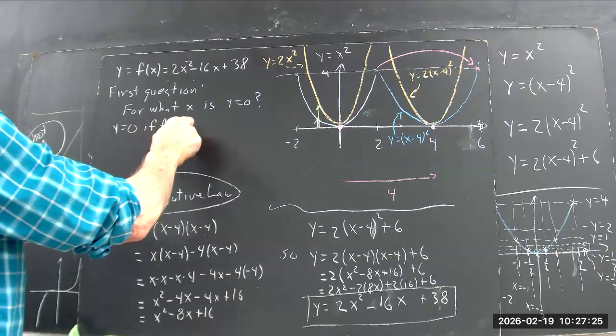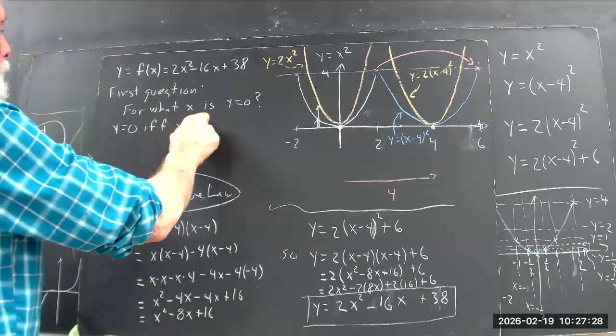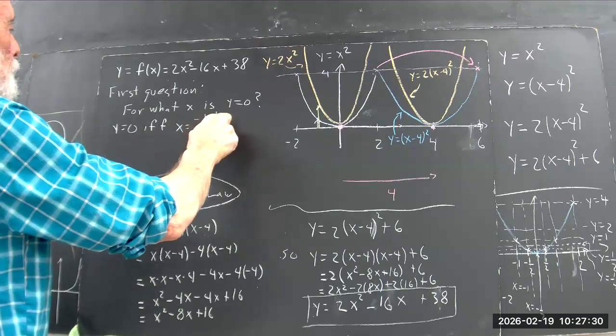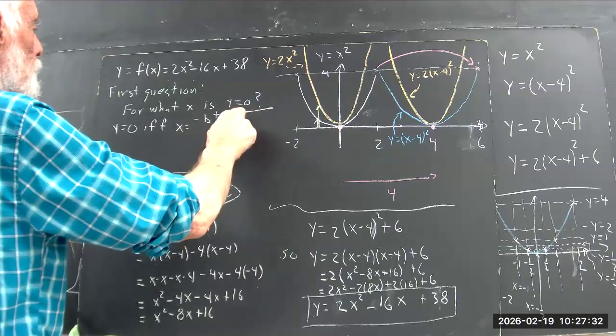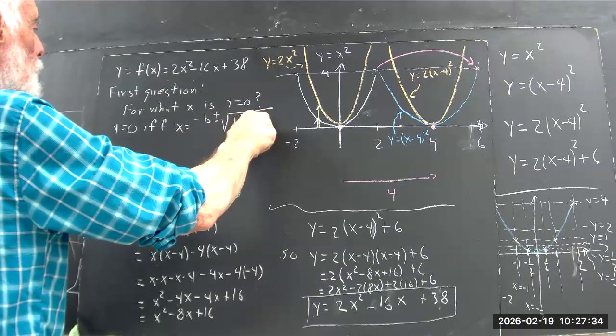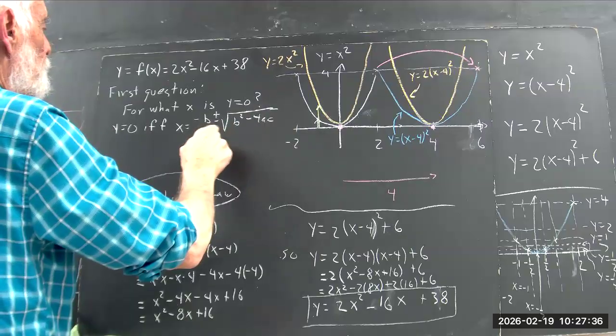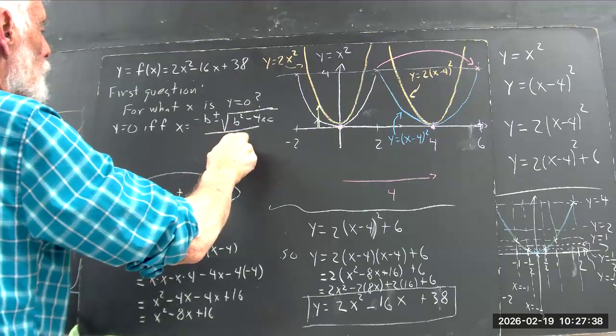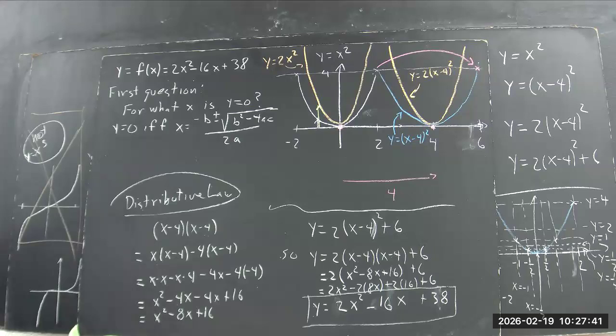Y equals 0 if and only if x equals negative b plus or minus the square root of b squared minus 4ac over 2a.